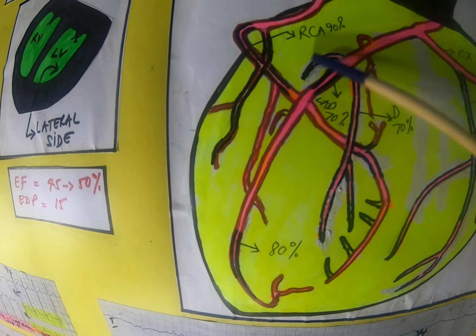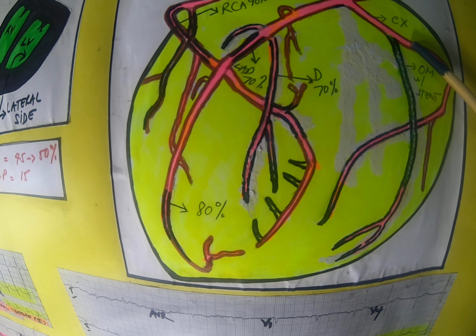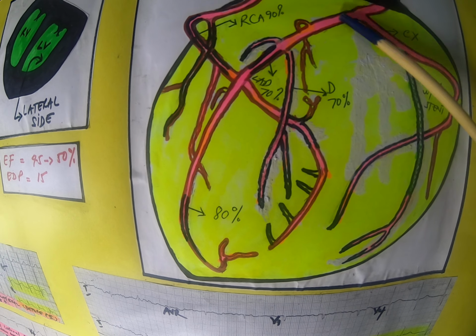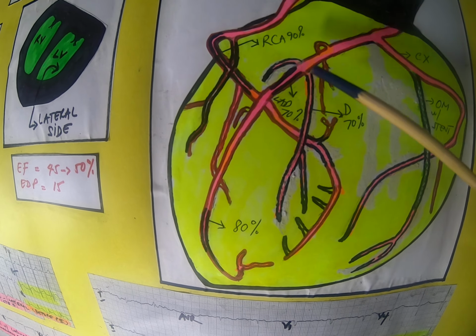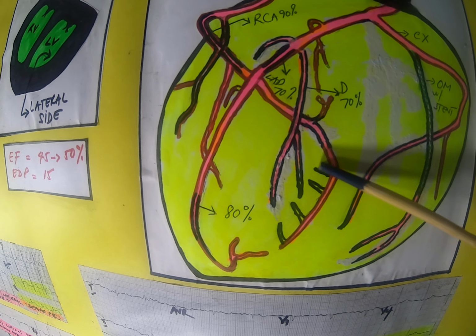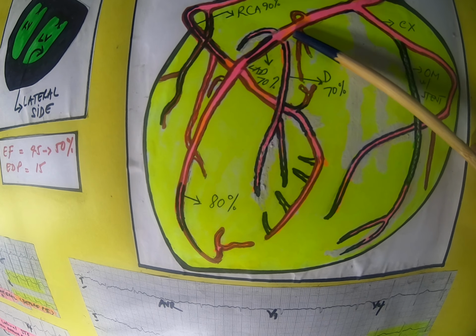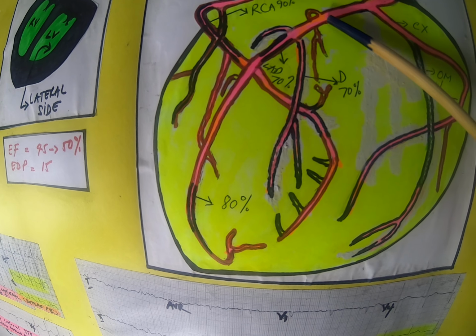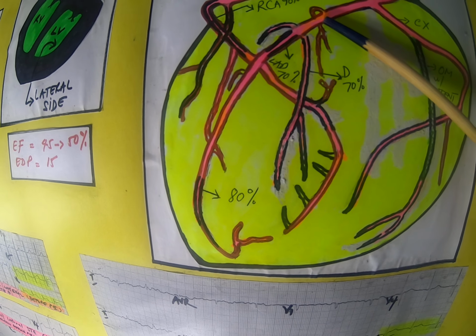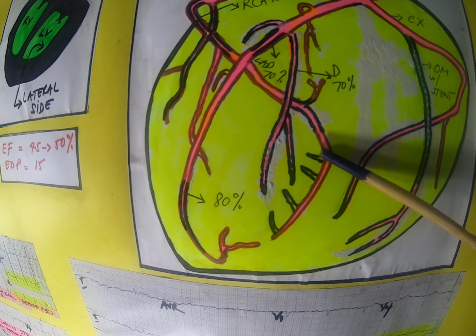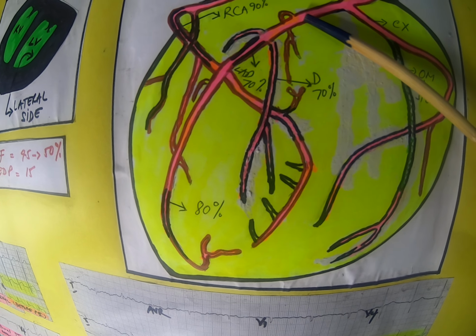So the interventional cardiologist will refer the patient to a cardiac surgeon. The cardiac surgeon will review the angiogram pictures, talk to the patient, and discuss everything in terms of surgery. If the option is CABG, that is coronary artery bypass graft, he will discuss further with the patient.